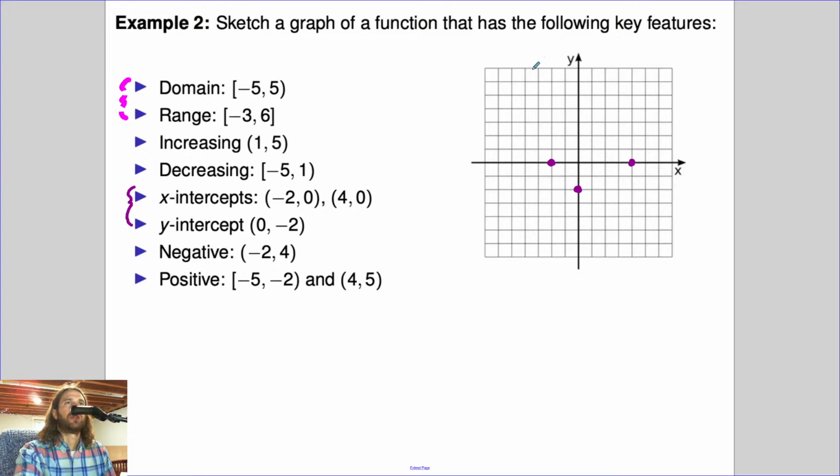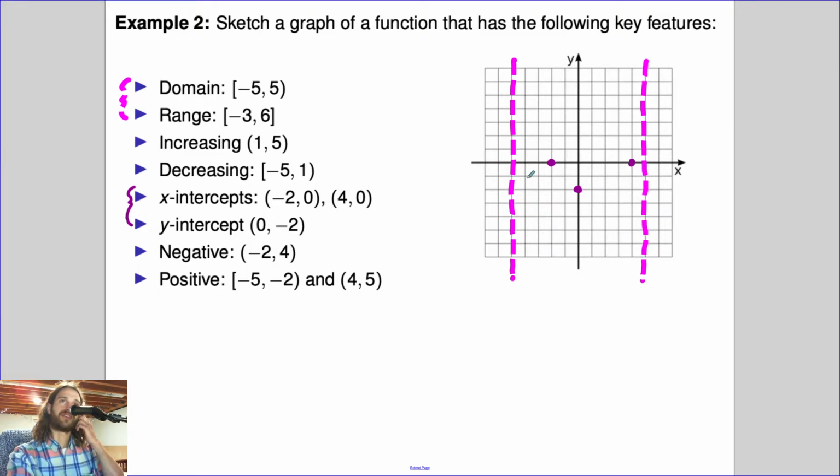It's kind of big. That's okay. Domain. So 1, 2, 3, 4, 5. Okay, I know that my graph doesn't go any lower than that line, and I know that it can't go any higher than this line here.